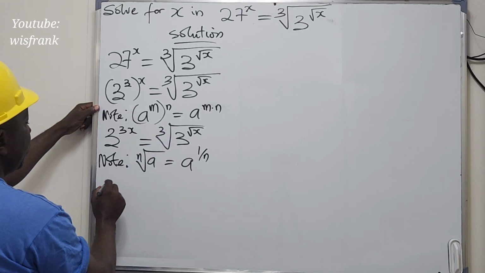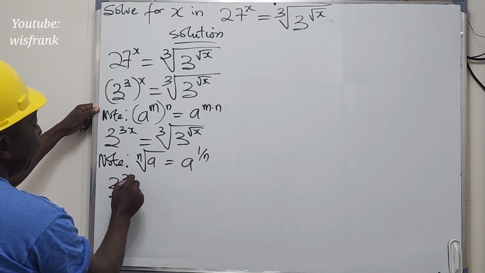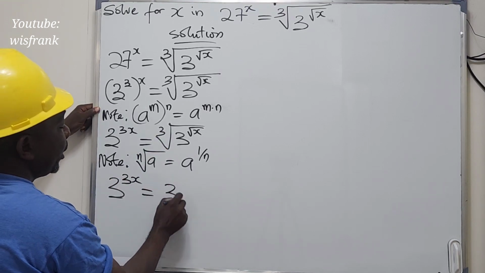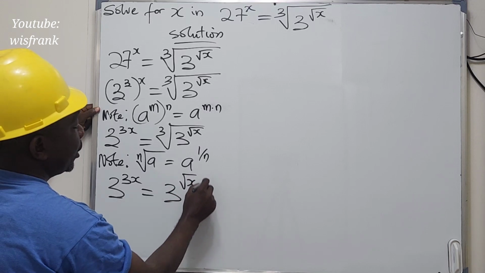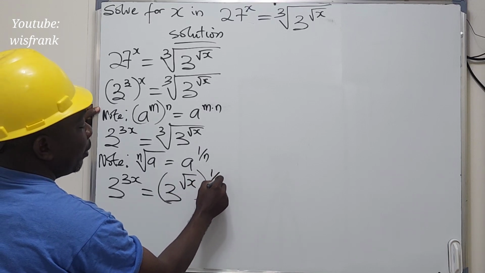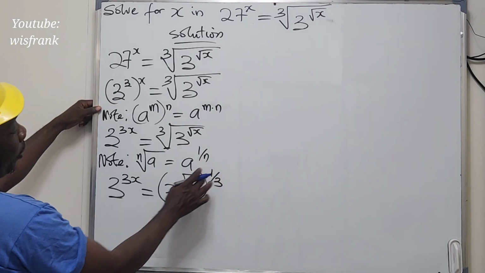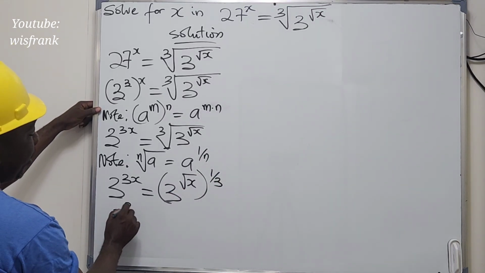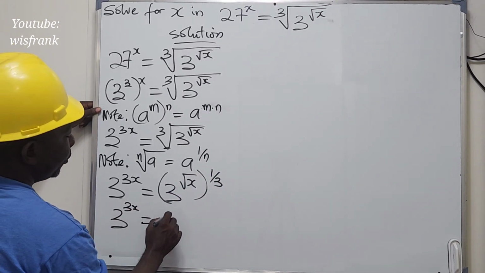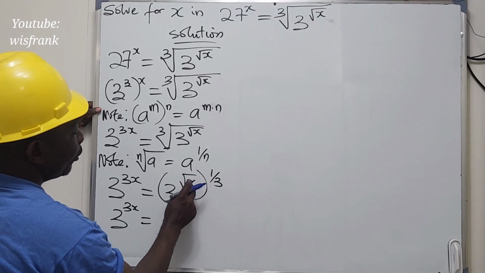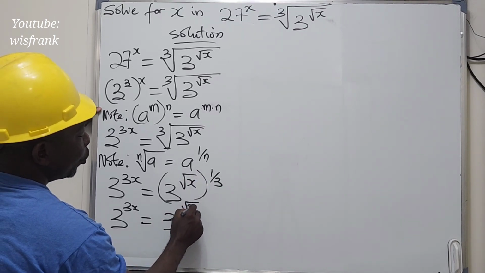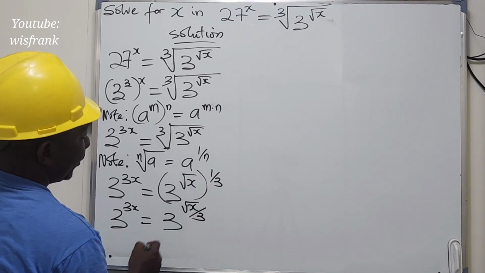So in this situation, we have 3 to the power of 3x equals 3 to the power of square root of x, all to the power of 1 over 3. So this will become 1 over 3. So this can be written as 3 to the power of 3x equals 3 to the power of the same thing as square root of x over 3.